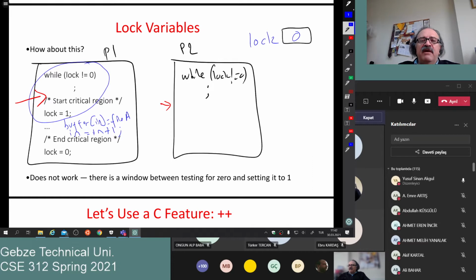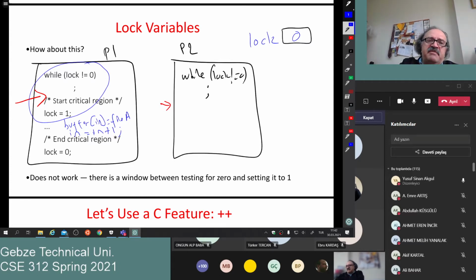While I am executing these statements, there should not be any switch. Somebody has to guarantee that, but as a regular user, I cannot do that because I don't know when the switch is going to happen. I don't know when the interrupts are going to happen. So this is not a good idea to implement the critical regions.